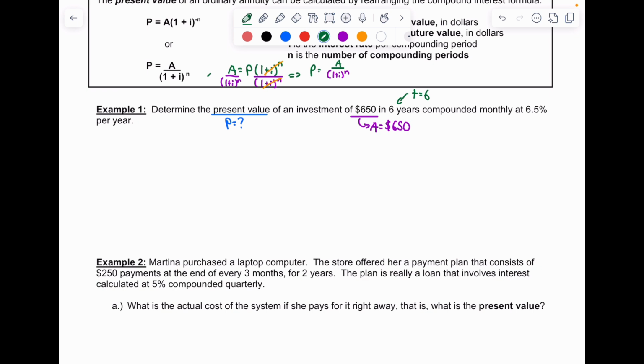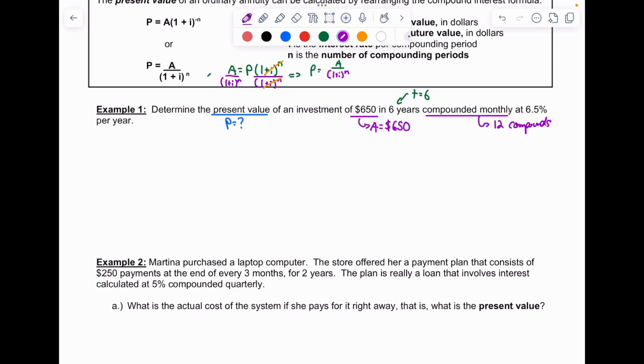So remember from the previous lesson, you have to adjust your exponent n and your interest rate based off the compounding, okay? So in this case, we have 12 compounds. So the problem is looking for P. Okay, so let's just set up our formula.